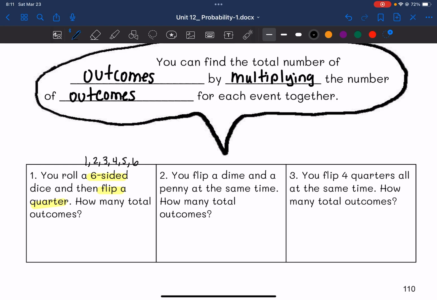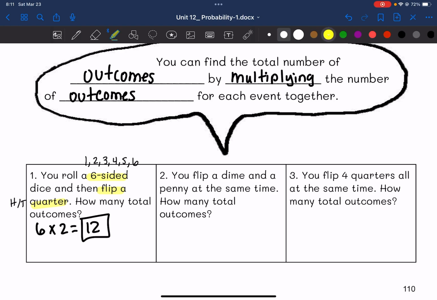A quarter either has heads or tails. So there are 6 numbers times 2, heads or tails. That would be 12. Done.